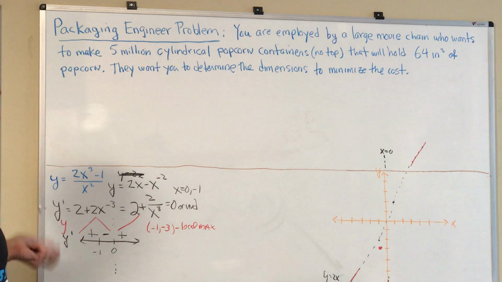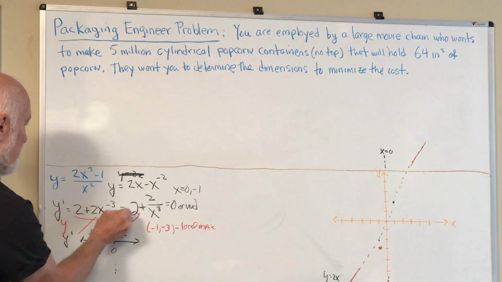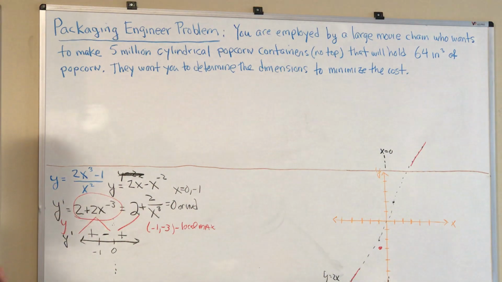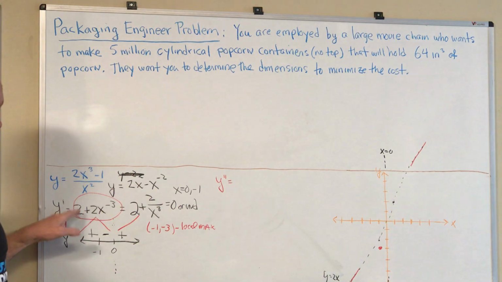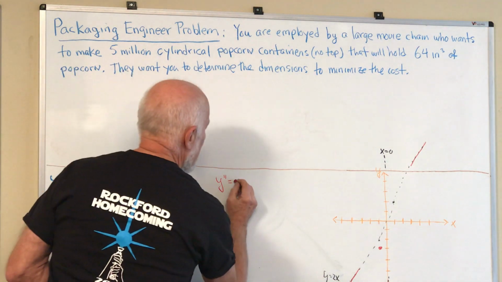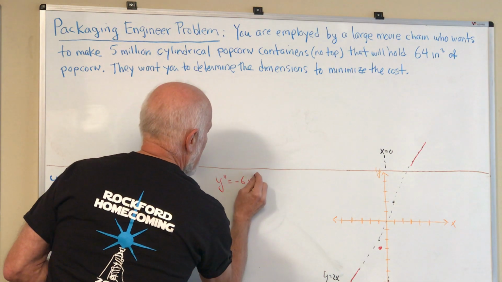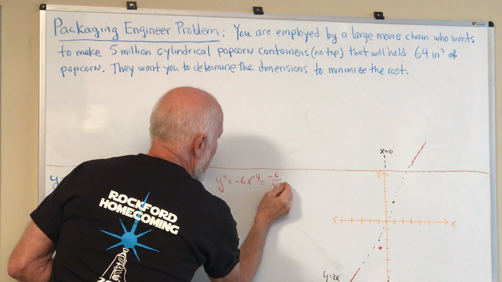Now I can go to my second derivative. And I think the best place to take the second derivative is from here. So if we take our second derivative, we get 0 minus 6x to the negative 4, or negative 6 over x to the 4th.